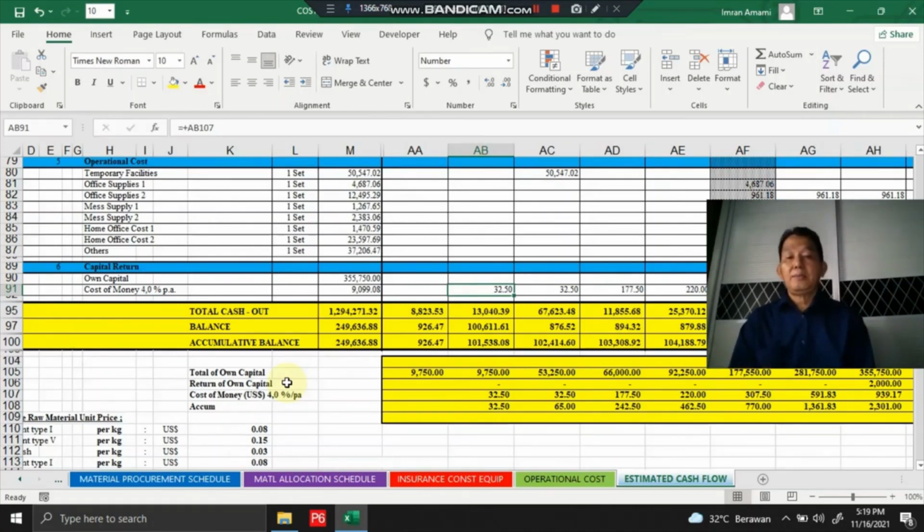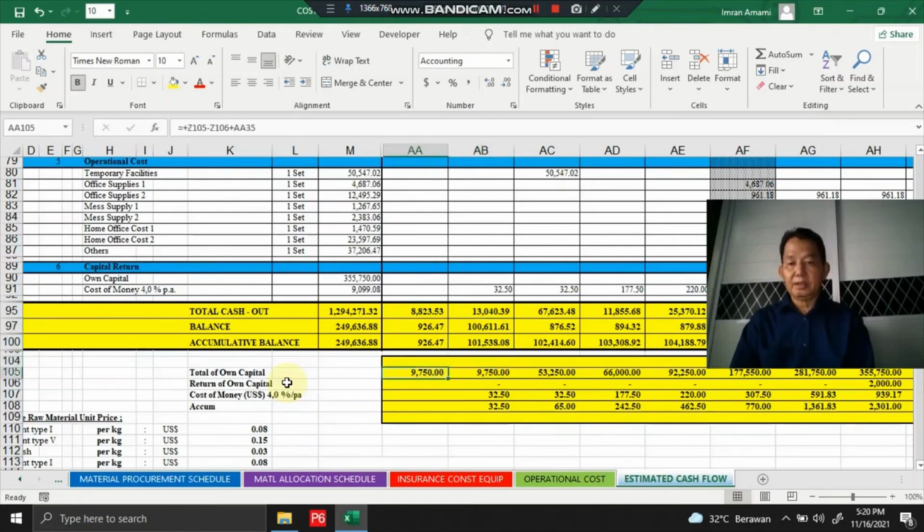This is based on the excess balance of the monthly excess we found in each cost allocation.